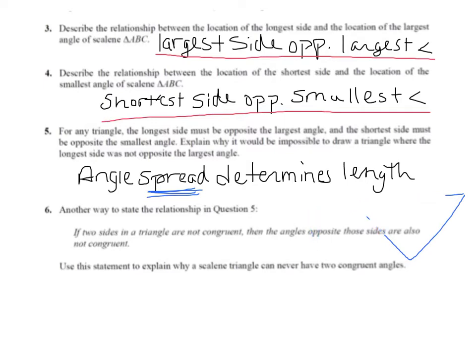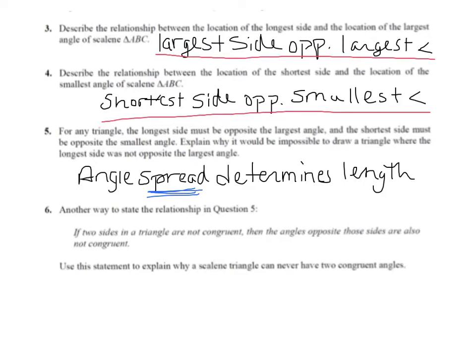And finally, the last thing goes on to say, explain why a scalene triangle can never have 2 congruent angles. If you know that 2 sides in a triangle aren't congruent, then the angles opposite them are also not congruent. It's kind of like a corollary to the base angle theorem for isosceles triangles that we had talked about before.